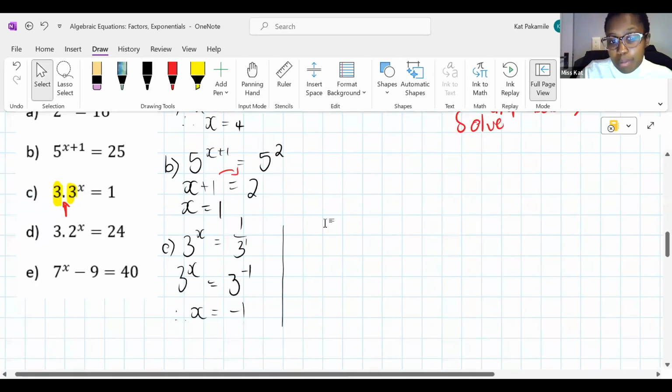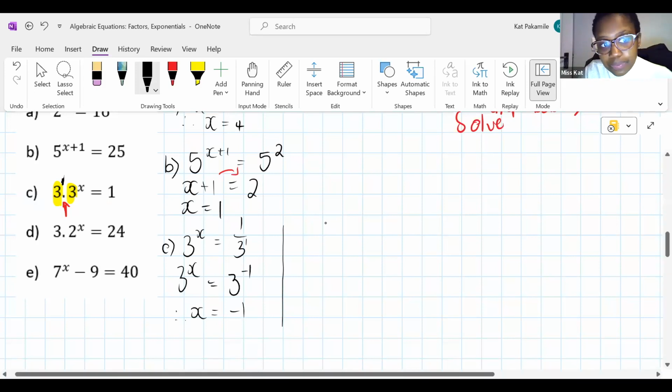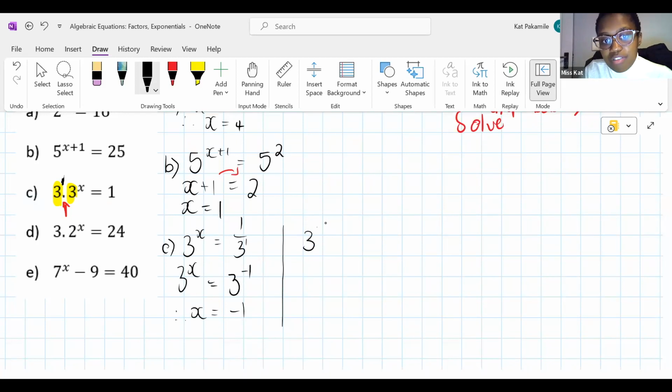Law number 1, we add them. So if there's nothing there, there's an invisible 1, right? Yes, ma'am. So this will be 3 to the power of x plus 1 equals 1.